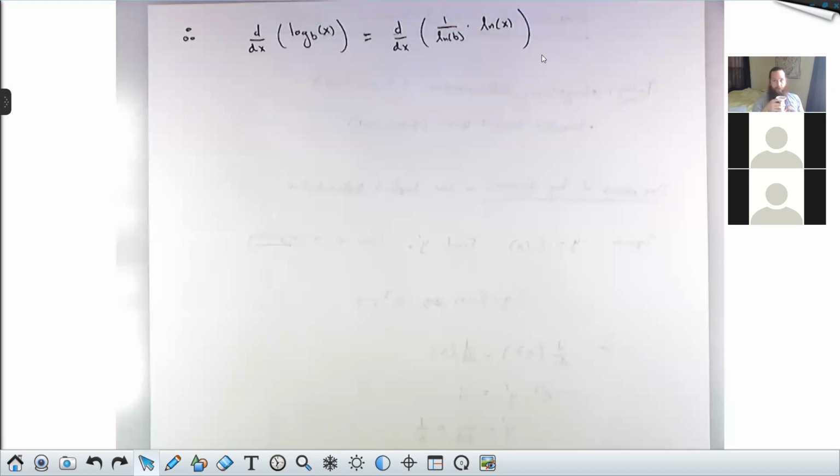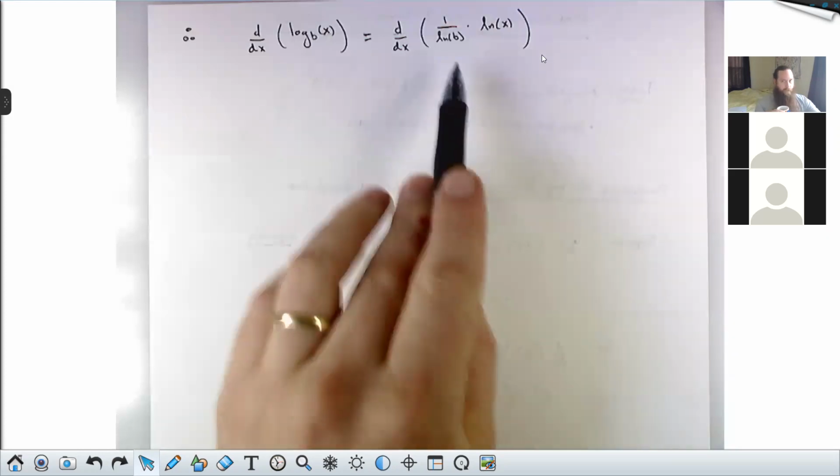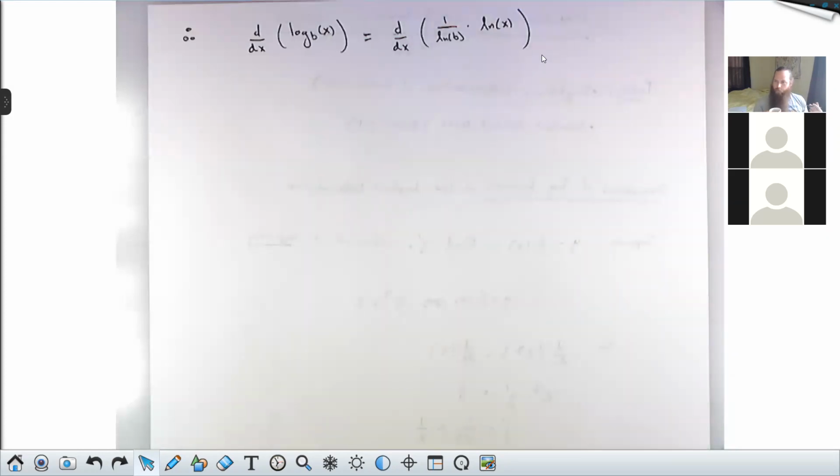Looks like a product, doesn't it? One function times another function, product rule? Yes, no? What do we think? I think it's product rule and the chain rule. It's a reasonable statement, right? And if this thing right here was a variable, you'd be right.